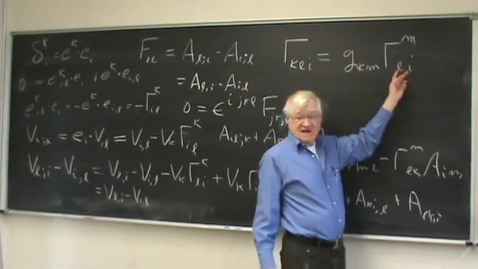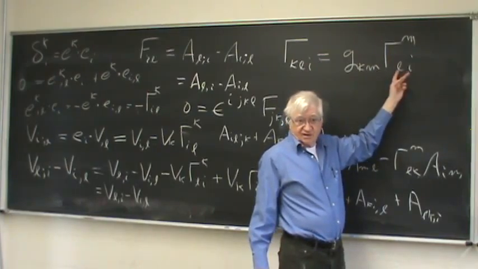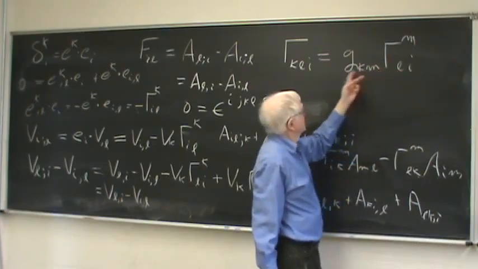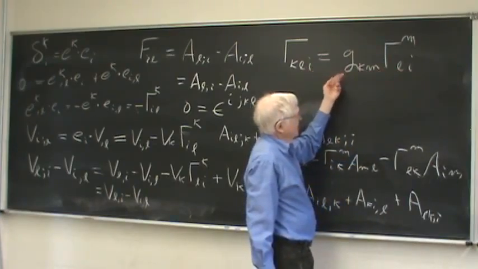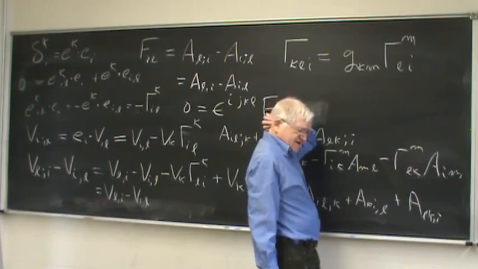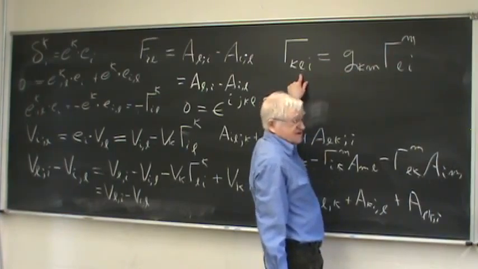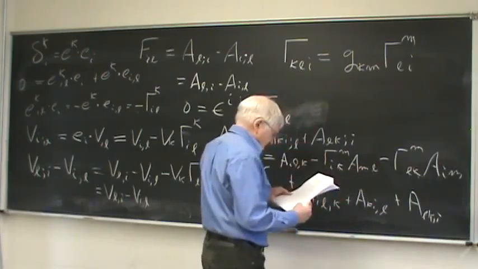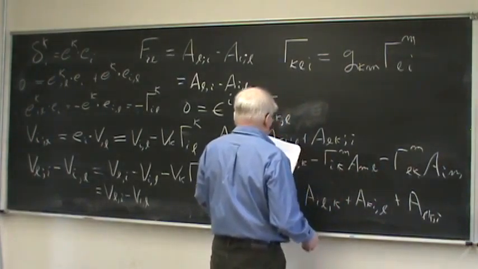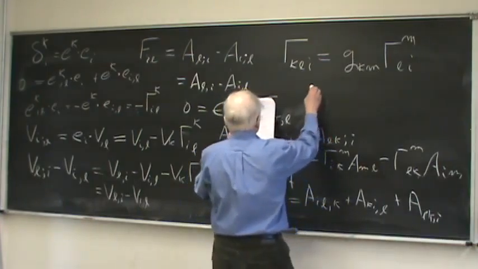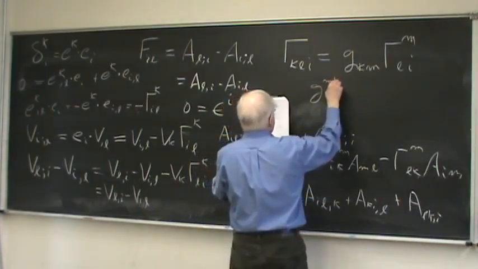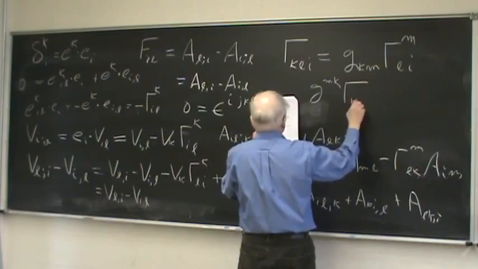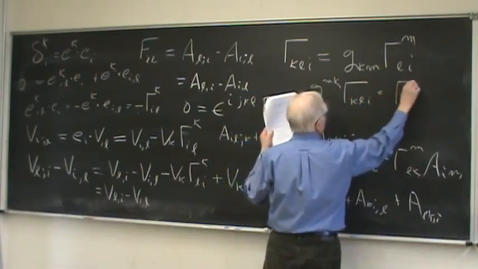And remember, this thing isn't a tensor, okay, because it transforms inhomogeneously. So this is just a definition of this guy, which also isn't a tensor. But it's a useful thing. And we can go the other way. We can say that G^MK on gamma_KLI is gamma^M.